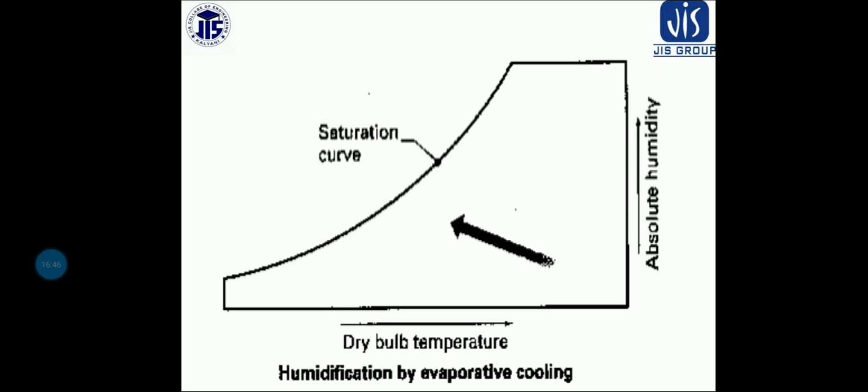When this point is reached, thermal equilibrium exists with respect to water, air and water vapor, and consequently the air is saturated. The equilibrium temperature is called the adiabatic saturation temperature or the thermodynamic wet bulb temperature.